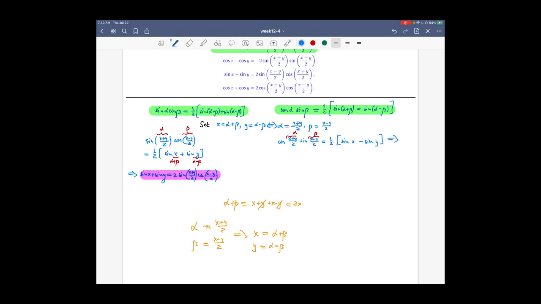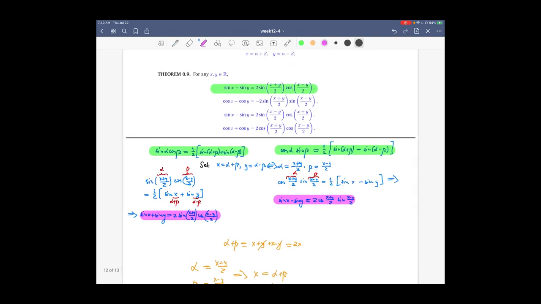So from here we get, multiplying by 2, that sine x minus sine y equals twice cosine of x plus y over 2 sine of x minus y over 2. That is this formula.